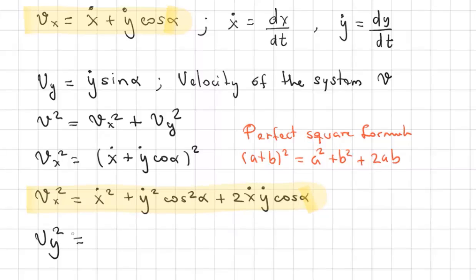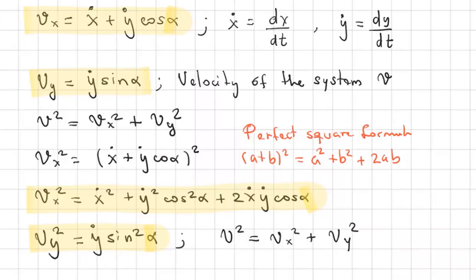Now we want to calculate Vy squared. We know that Vy is given by this formula. Then Vy squared is going to be y dot squared sine squared of alpha, because v squared is equal to Vx squared plus Vy squared.